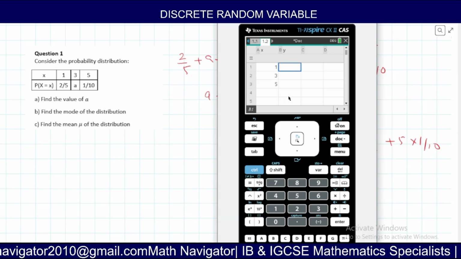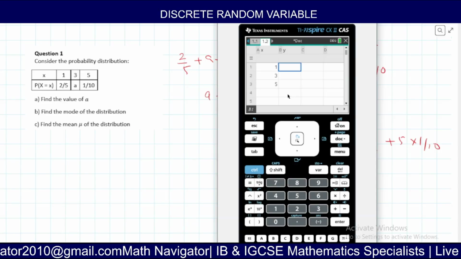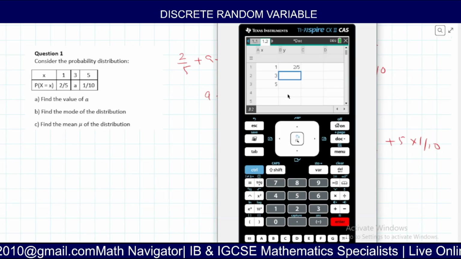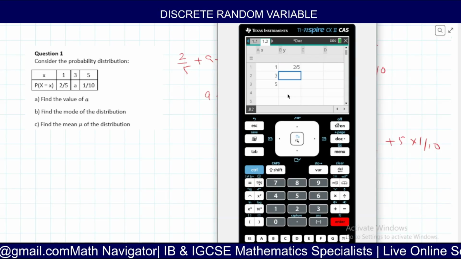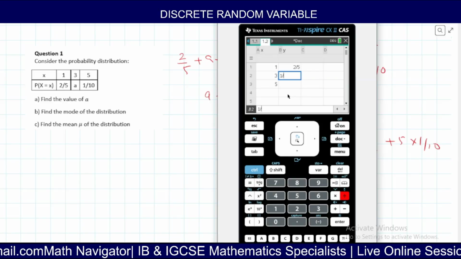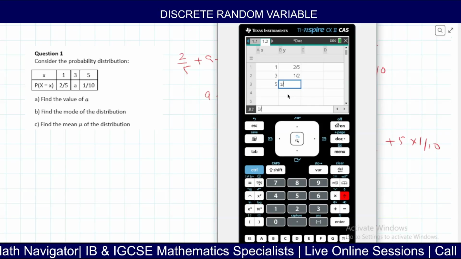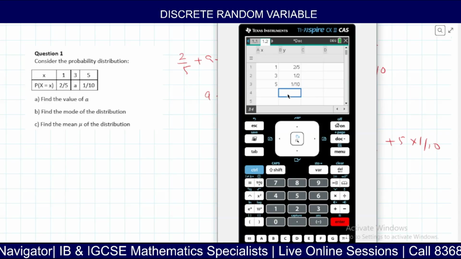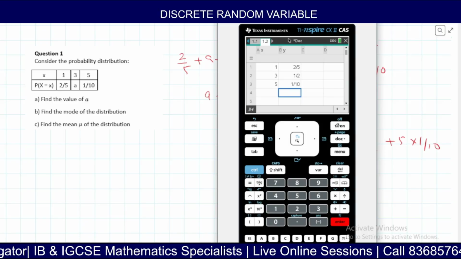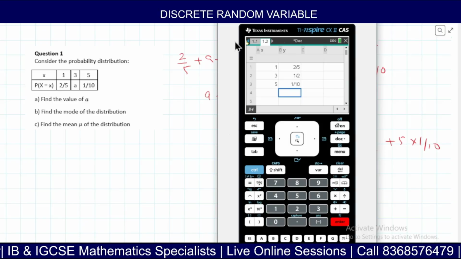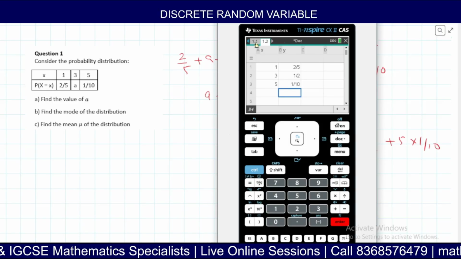So this is my 2 divided by 5, enter, 1 divided by 2, hit enter, and then 1 divided by 10, hit enter. Please see it carefully, right? Now I'm going to add a calculator, or I can go back to the previous one.